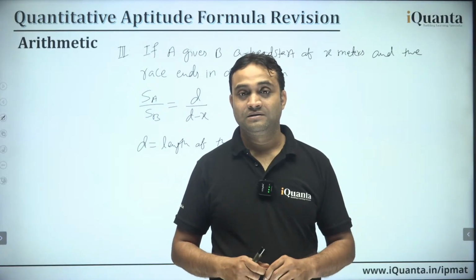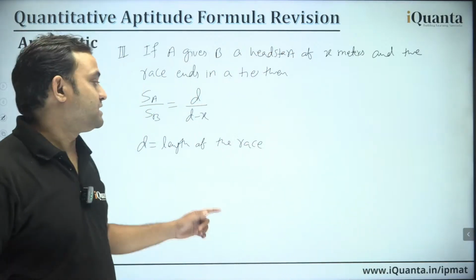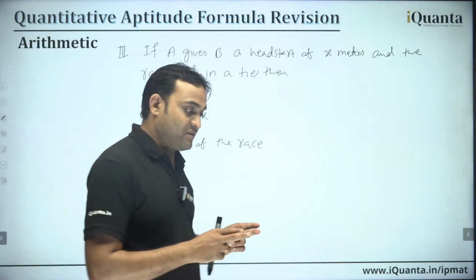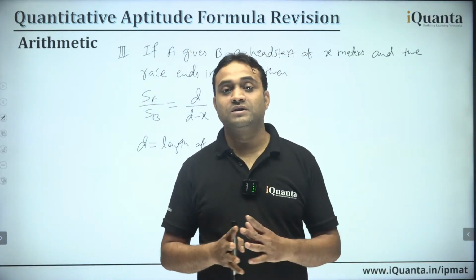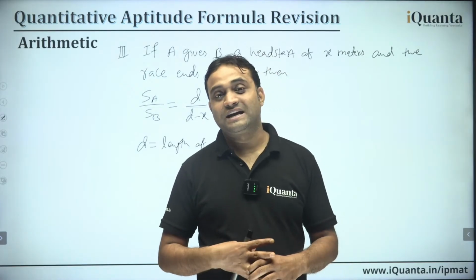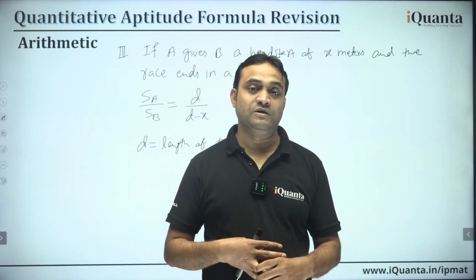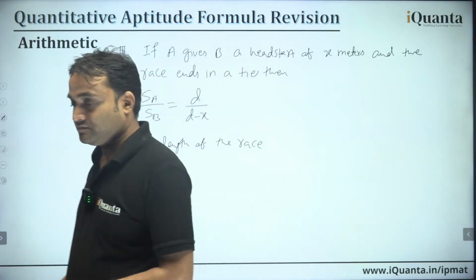A will cover the whole distance D, B will cover only D minus X. Time is constant, so the ratio of speed will be the same as the ratio of distances covered. Okay?